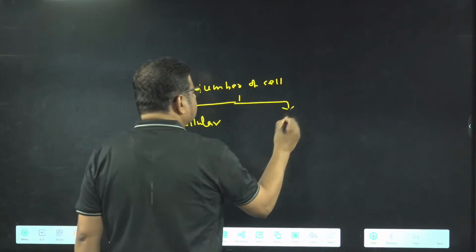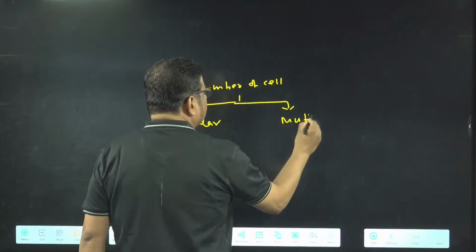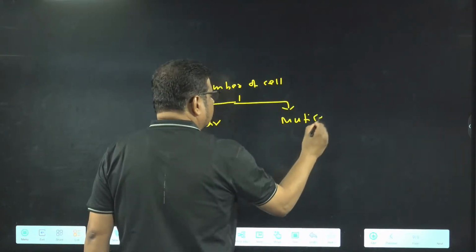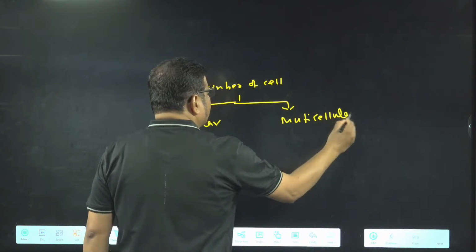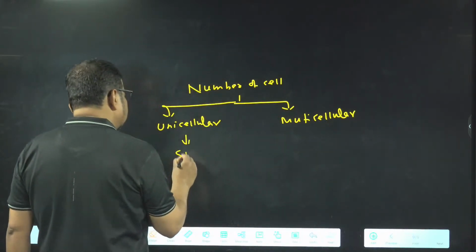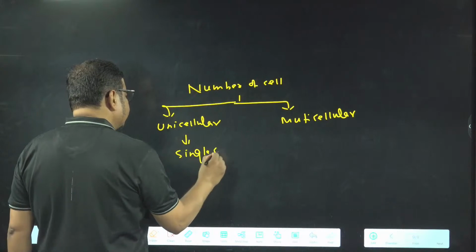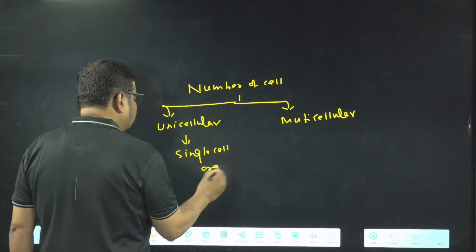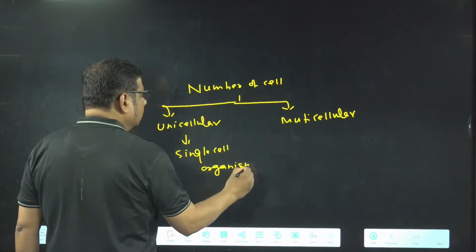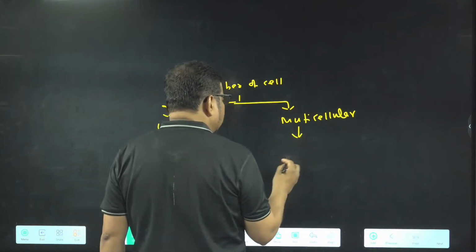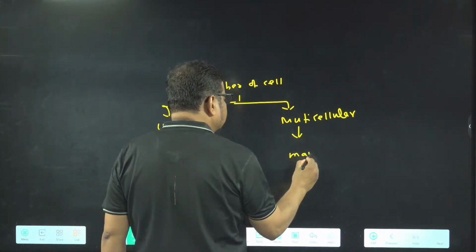Unicellular and multicellular. When an organism is made up of a single cell, it is a unicellular organism, and in a multicellular organism, many cells are present.